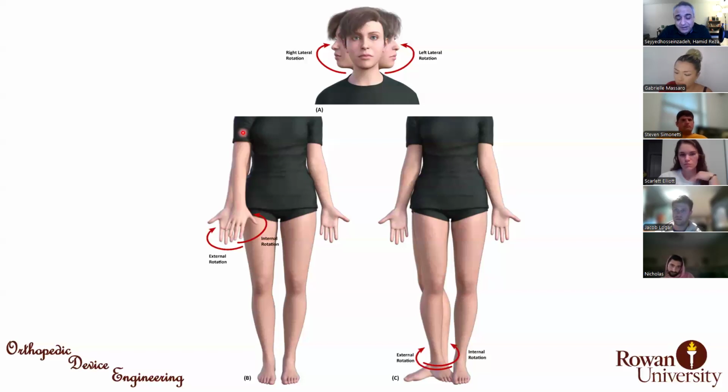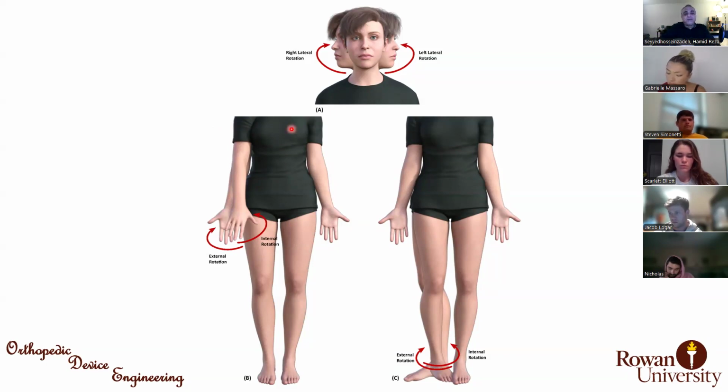Later, we have another motion that is different from internal and external rotation, and this you must know. Internal and external rotation in the upper limb happens in the shoulder. When I am rotating my limb, I am rotating the whole arm and forearm together.